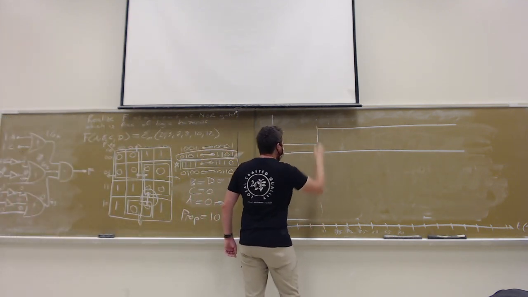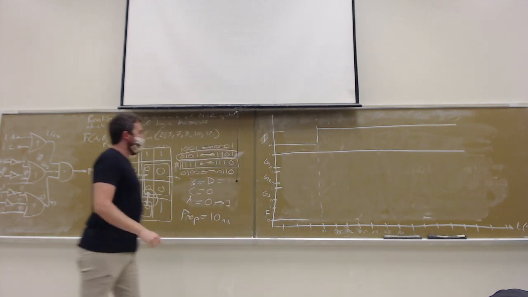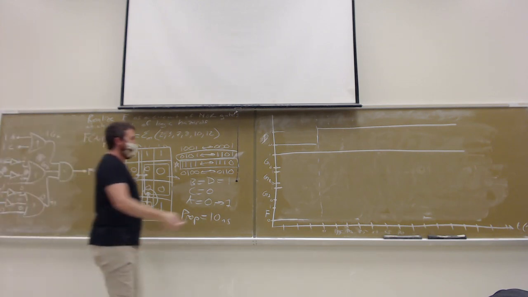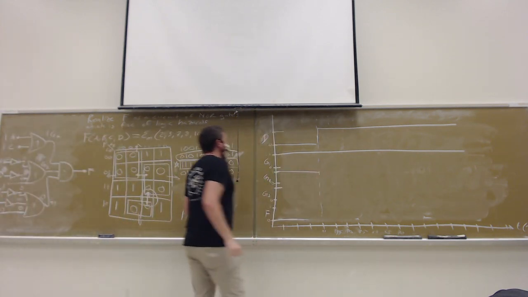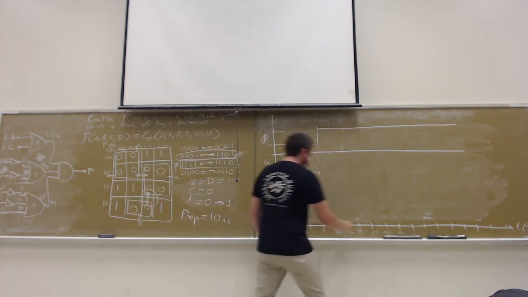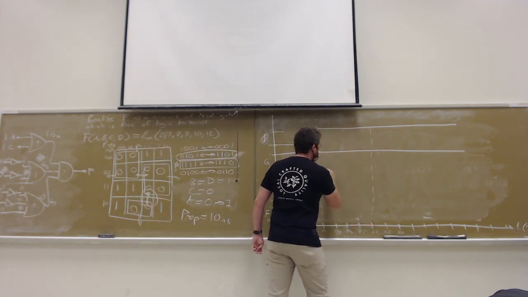I'm starting D at 0. So D is 0. Makes that 1. Makes that 1. It's going to start at 1 until D goes to 1. Which makes that 0, which means it's going to toggle back to 0. But it's going to take 20 nanoseconds to get there. So it's not going to be until 60. And that clicks over.